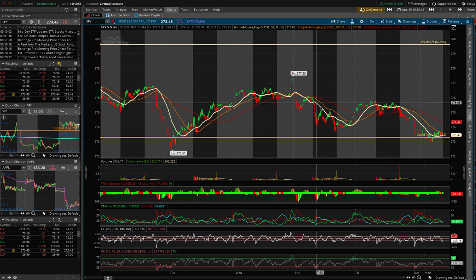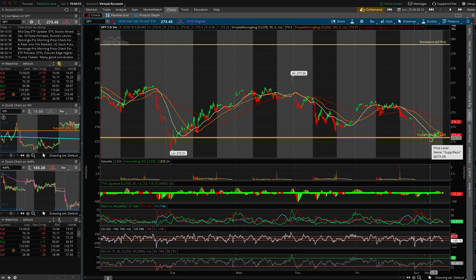Okay, and then we sold off, came back down, and now we're at that level again. So either we do the same thing and rally back up, or this support is weak, as we've seen in the past, and it breaks down.